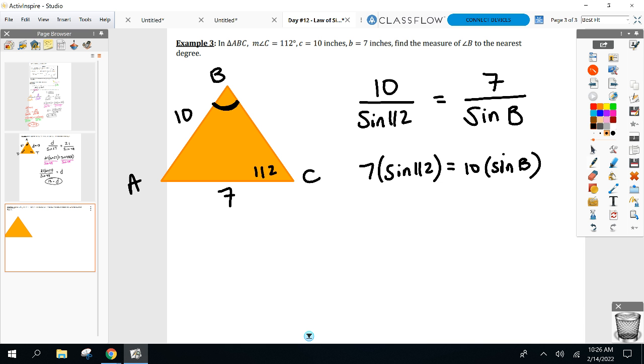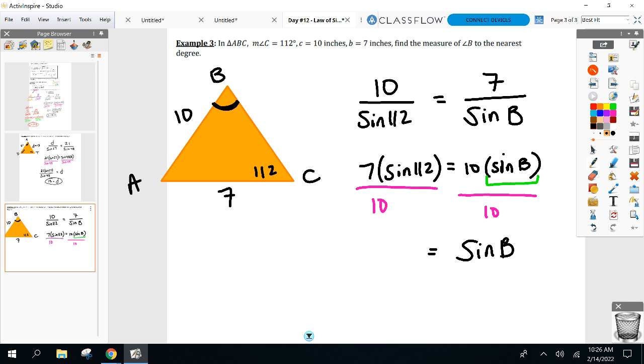And I don't know what to do from here. It's okay. It's fine. Get sine of B by itself. I want sine of B equals this, and then we can talk. So how do I remove the 10 out of there? Divide both sides by 10. Get sine of B by itself, and then I'm going to challenge you. So the sine of B, go ahead, get that decimal for me.